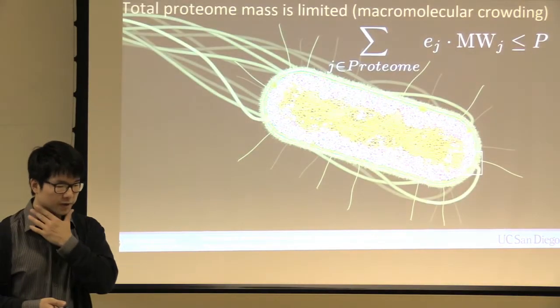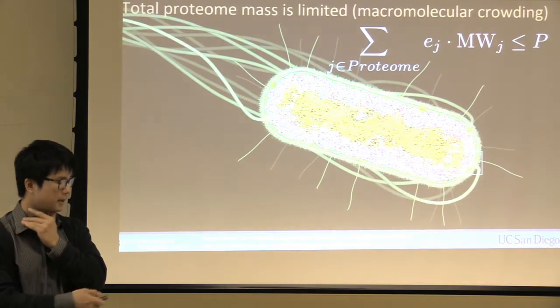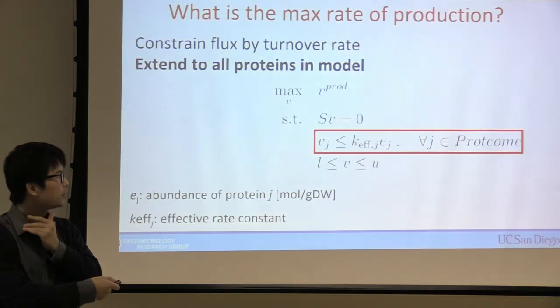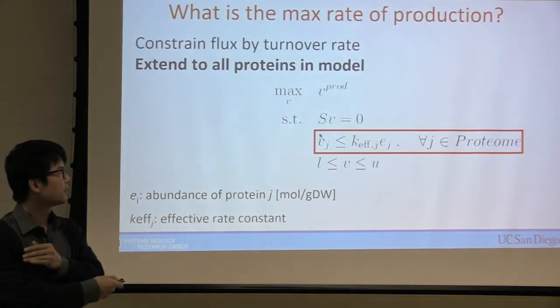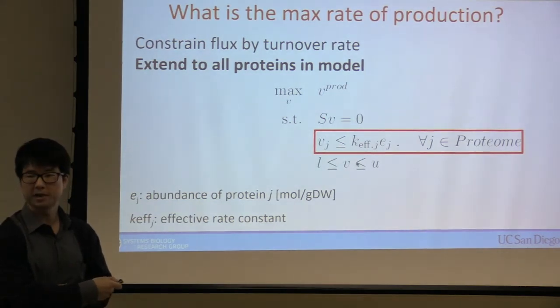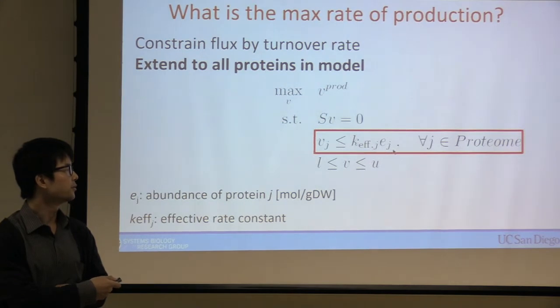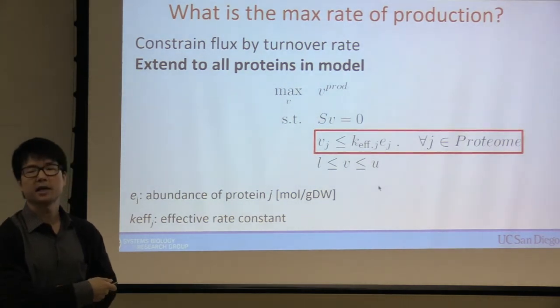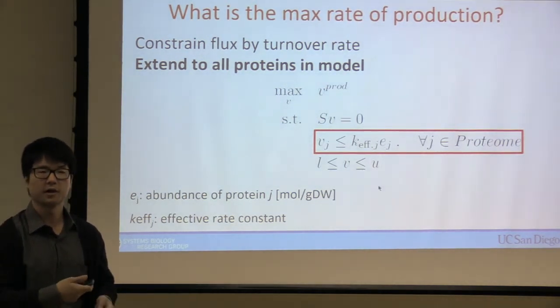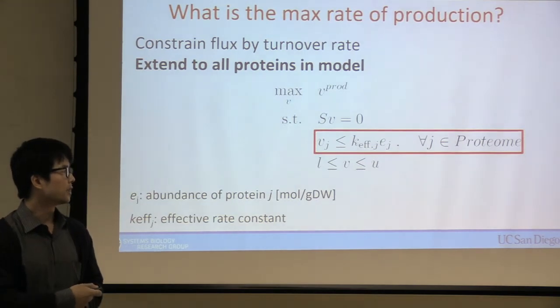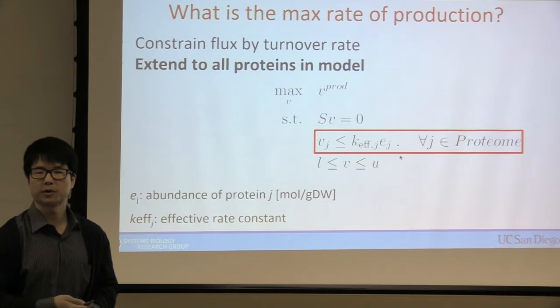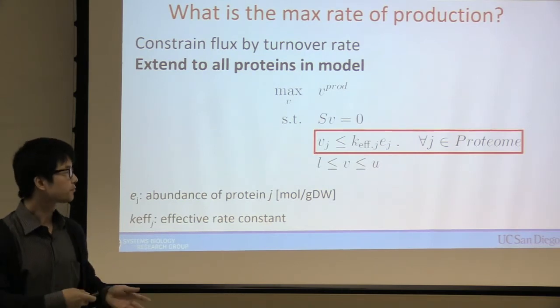Now, when we do this, we also realize that we now have two different variables. We have the flux of the reaction V, which you're used to, and we now have the enzyme concentration, which is another variable. And you're going to have each of these enzyme abundances for every protein in the entire proteome.